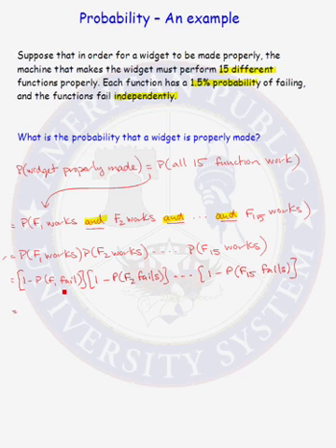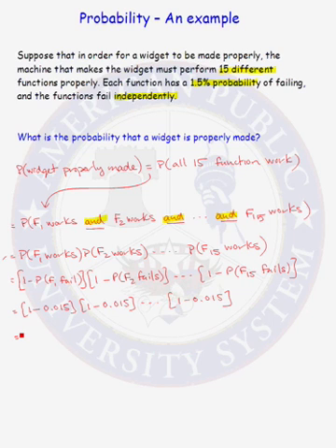We know the probability that a function fails from our problem is 0.015. So this will be 1 minus 0.015 times 1 minus 0.015, ... 1 minus 0.015.